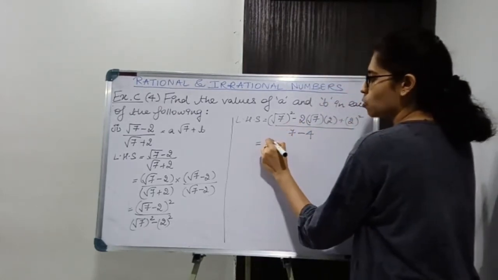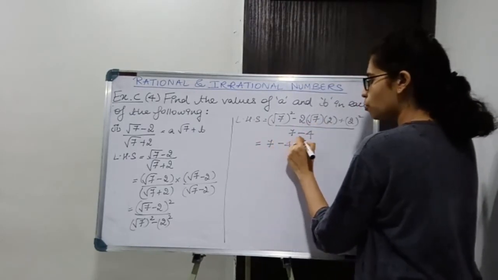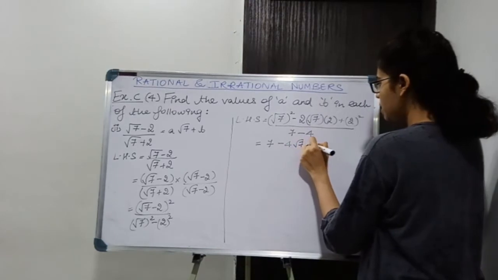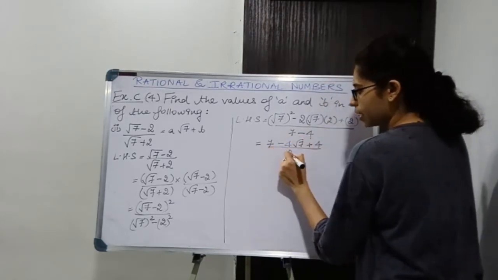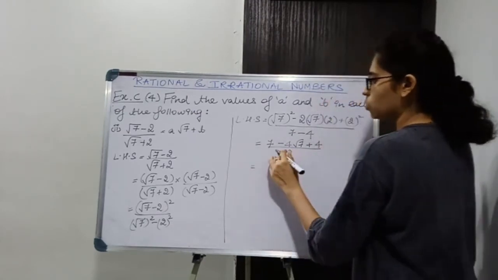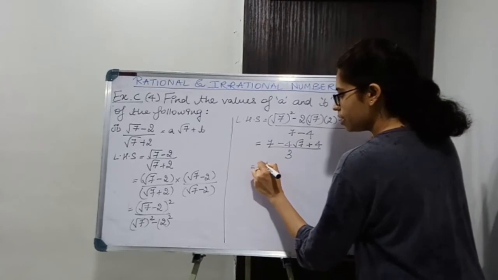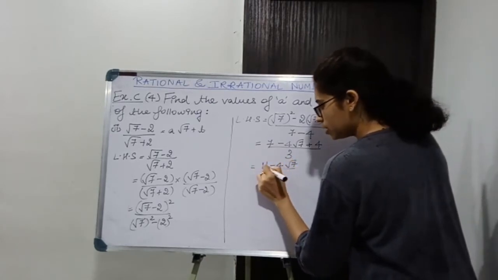Now root 7 square is 7, minus 2 2s are 4, 4 root 7, plus 2 square 4 हो जाएगा, and denominator I get 3. Now this is going to be 11 minus 4 root 7 upon 3.